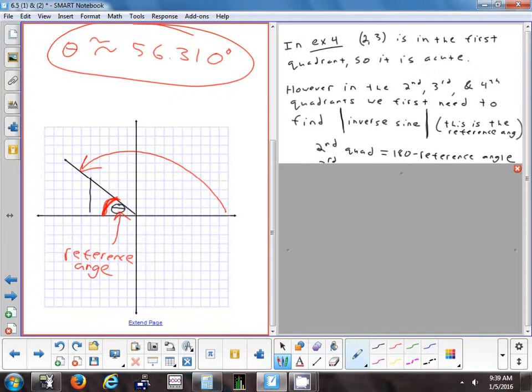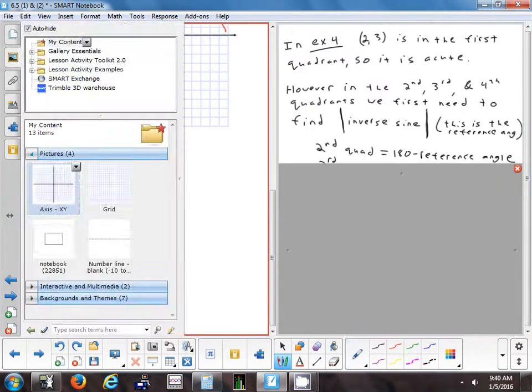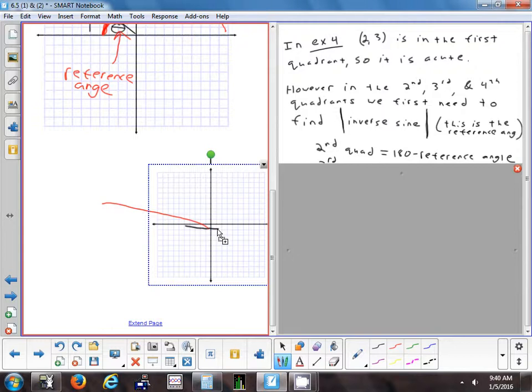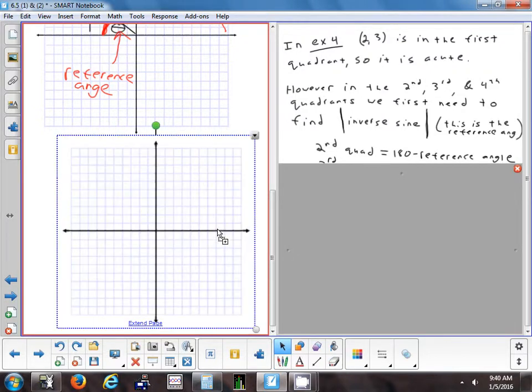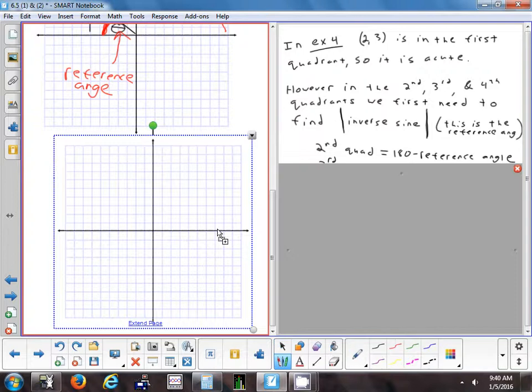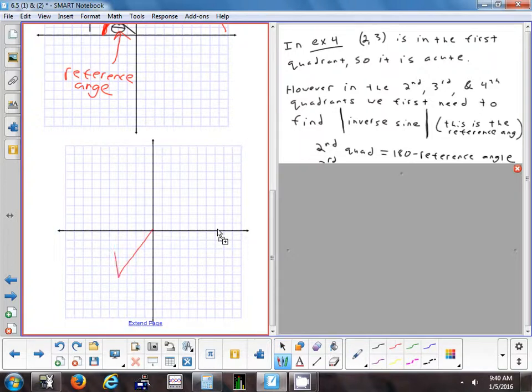What if your angle was down here? What do you think you'd do? Can you draw it? Okay, so let's say I drew my triangle, did all this out. I got my angle right there. And I want to know that distance.